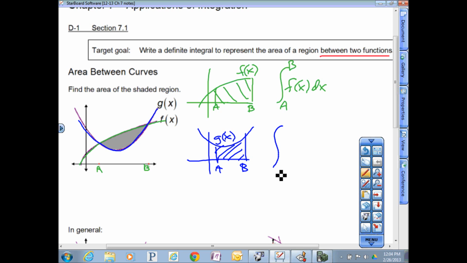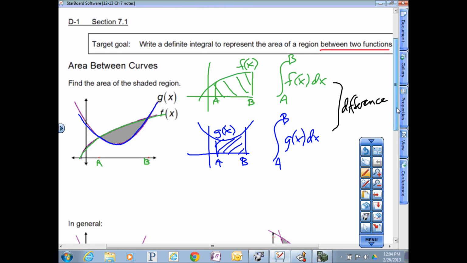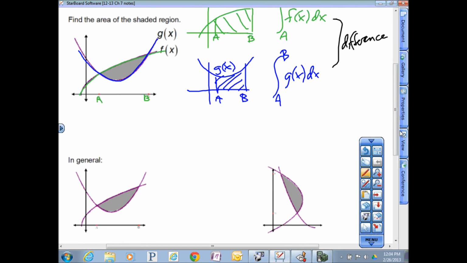So this one would be the integral from a to b of g of x dx. And really what we're looking for is the difference between those two things.